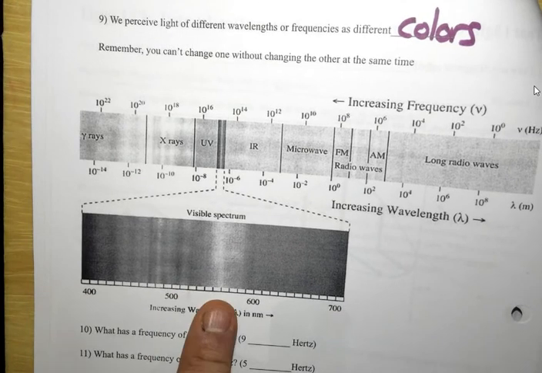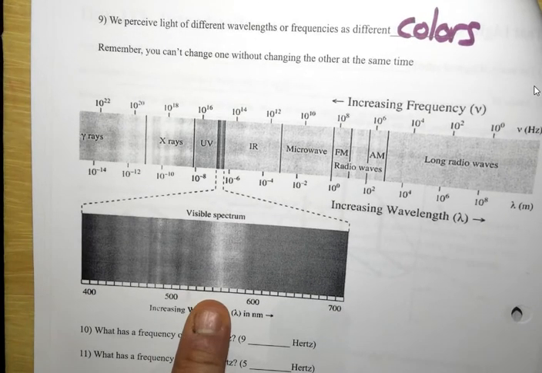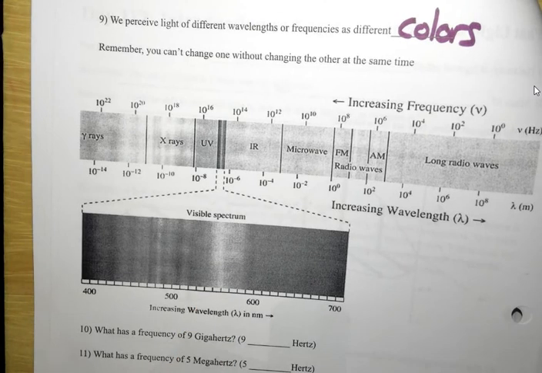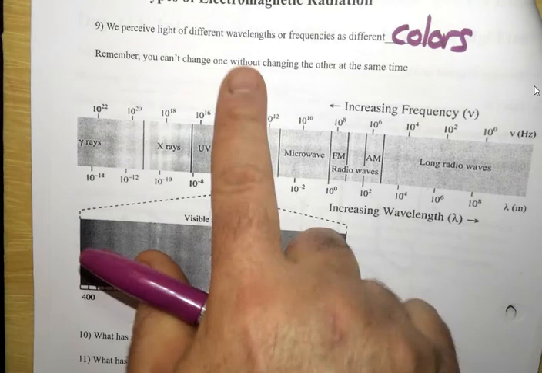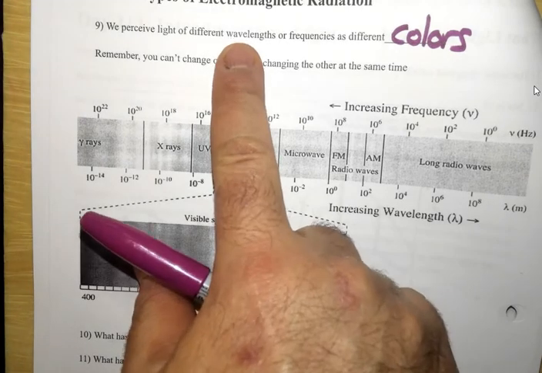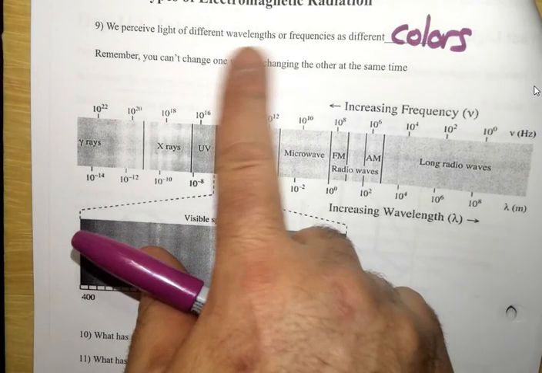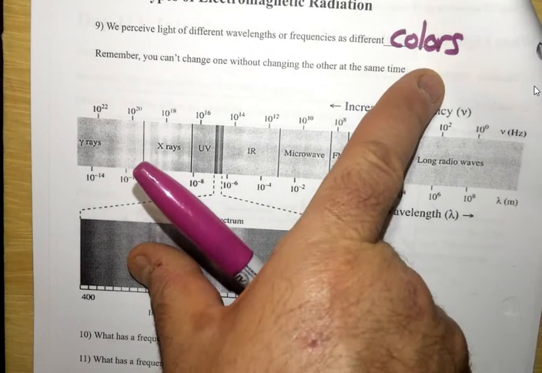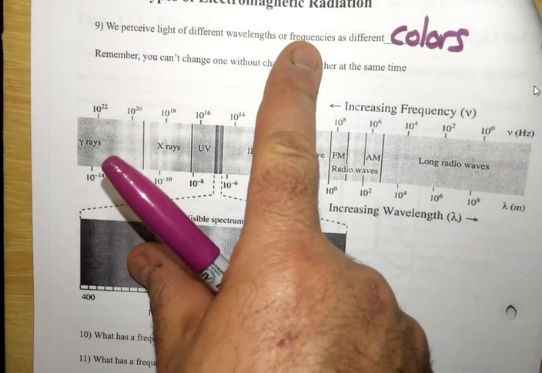Yellow is going to be in the middle, about 550 nanometers of length from one crest to the next. When I say different wavelengths or different frequencies, both of those, changing one will change the color, because when you change a wavelength, you're automatically changing the frequency as well.